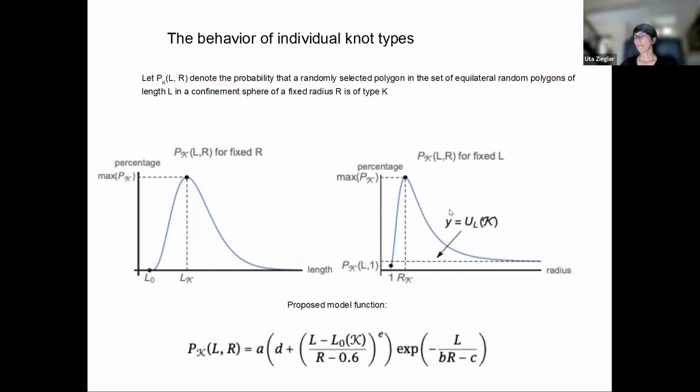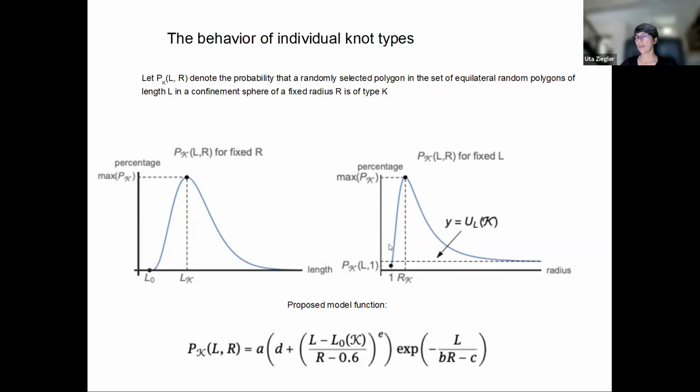If you're looking at a fixed length, and we change the radius, then of course we have to make it long enough that you can make the knot comfortably. And at that point, we start generating the knot.